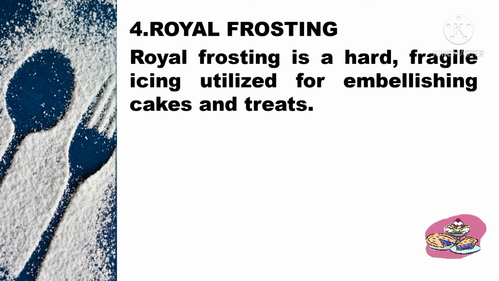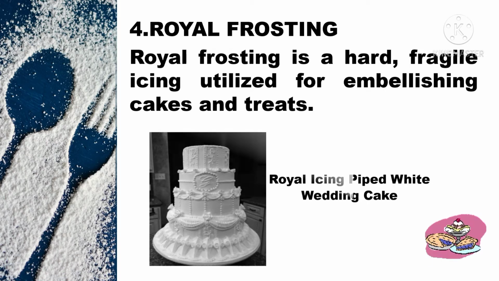The meringue powder is joined with a fluid, and then typically colored with food coloring. We have here the example, which is the royal icing piped white wedding cake. We can use different types of food coloring, specifically gel food coloring.